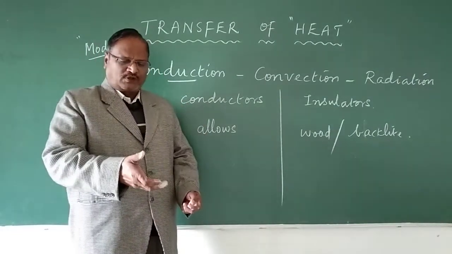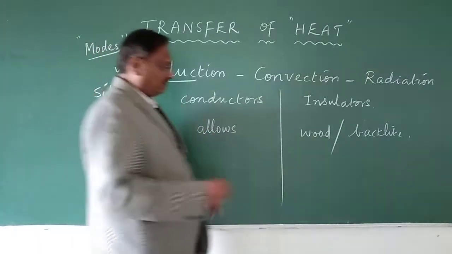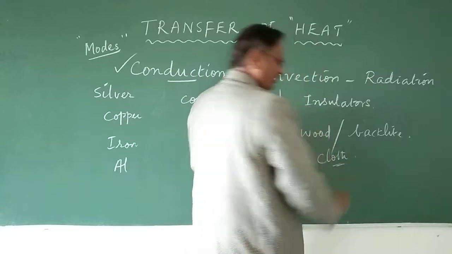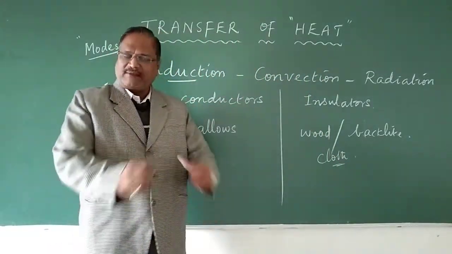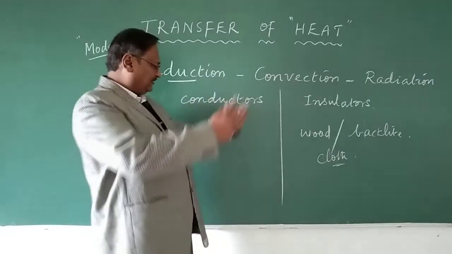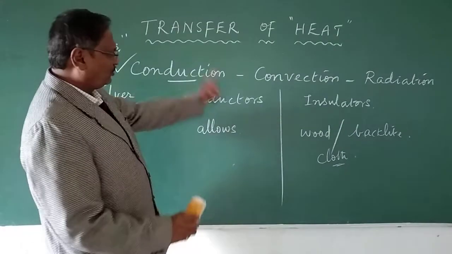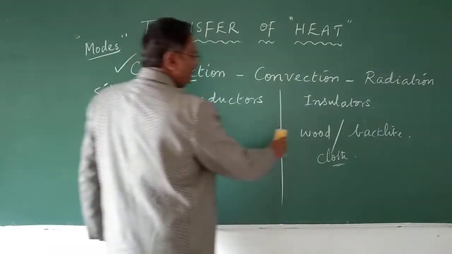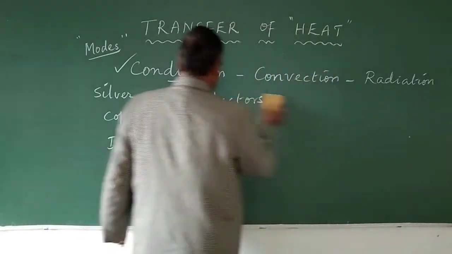For example, in your houses, cloth and fabric are also not good conductors. They are all insulators. Those which allow the heat to transfer are called conductors, and those which do not allow it are called insulators. Okay, conductors and insulators we have learned.